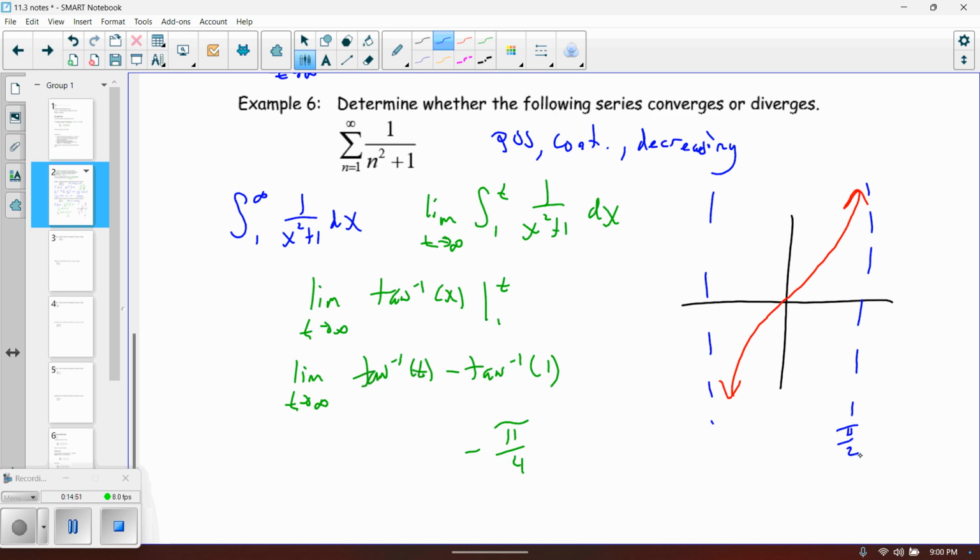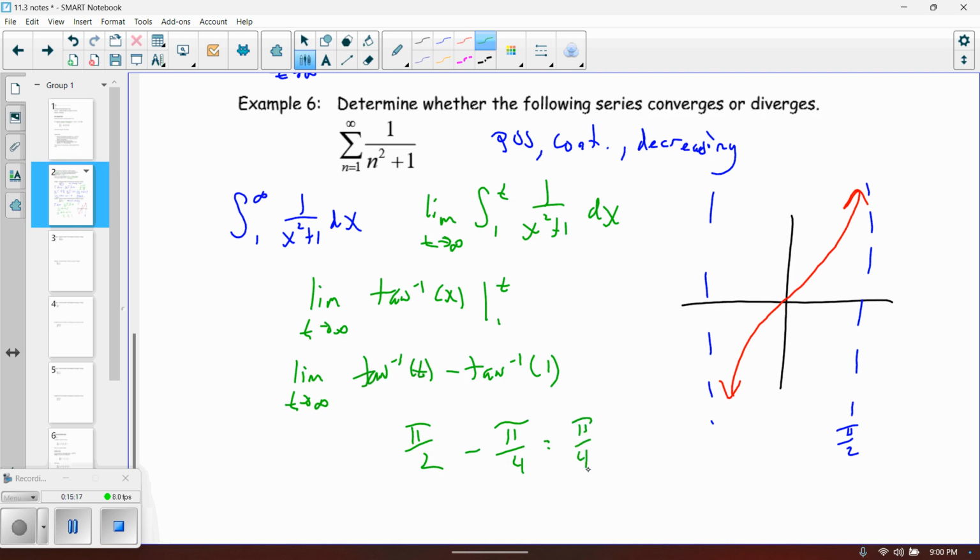That's where its asymptote is. So the values of tangent approach infinity as the angle values approach pi halves. That means the inverse tangent evaluated at infinity, for lack of a better way of saying it, is pi halves. And therefore we get pi halves minus pi fourths, which is pi fourths.